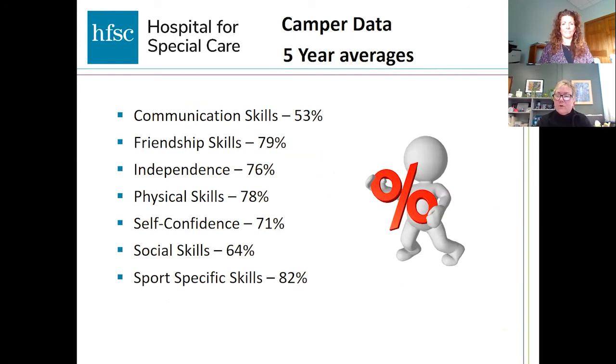And 5-year, you heard us say earlier that we were talking about the 5-year data. These were what we're hitting for 5 years, the things that were brought to the forefront time and time again: the communication skills, the friendship skills, self-confidence, social skills, sports specific, physical skills, again and again and again.